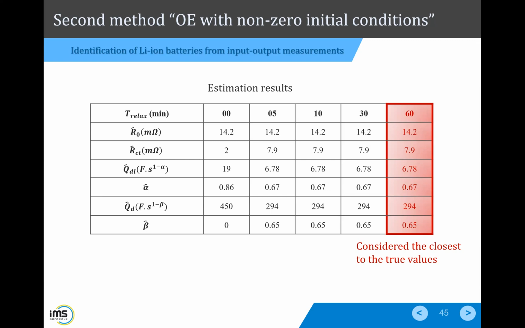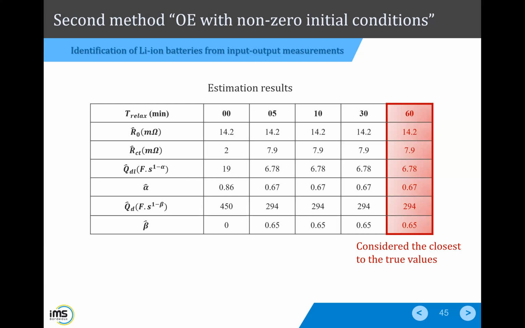I mean, for his supervisors, this is not a satisfactory result. Why doesn't it work at 0 minutes? Even in simulation, when he initializes with the right model, it must work. So maybe there are still little problems in the algorithm. We are checking this out right now.